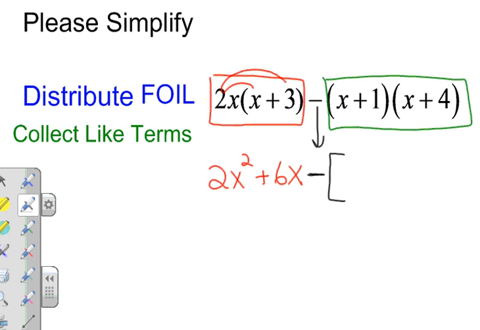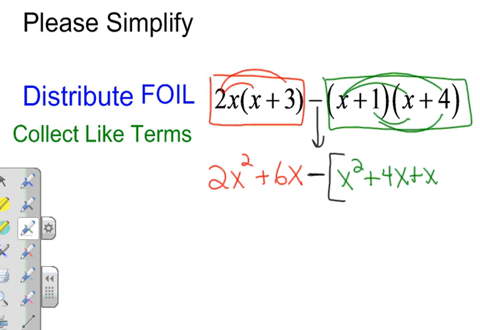But I am subtracting the answer to this FOIL problem, so I'm going to insert a set of brackets. The FOIL answer is going to be x times x is x squared, x times 4 is 4x, 1 times x is x, and 1 times 4 is 4.